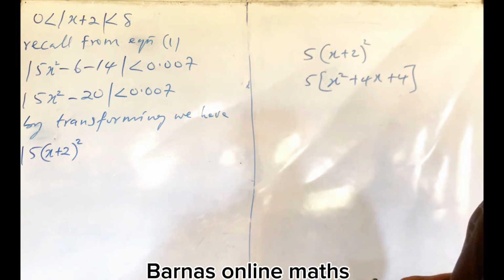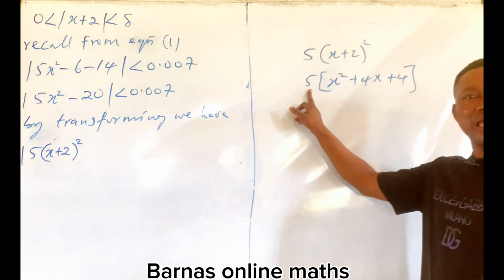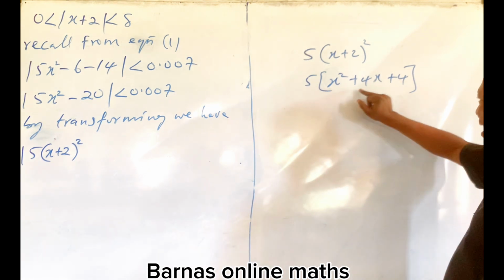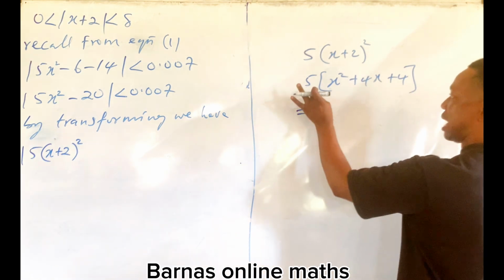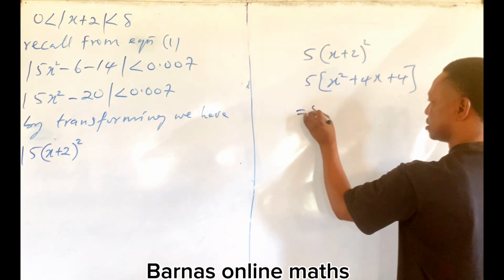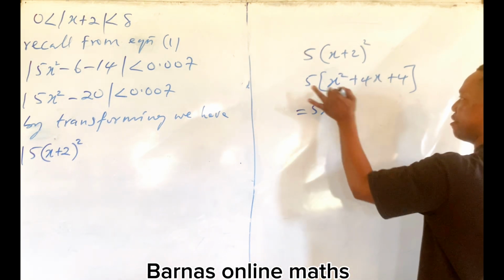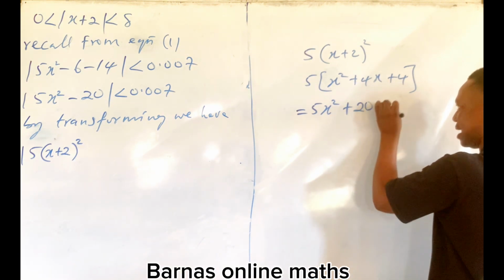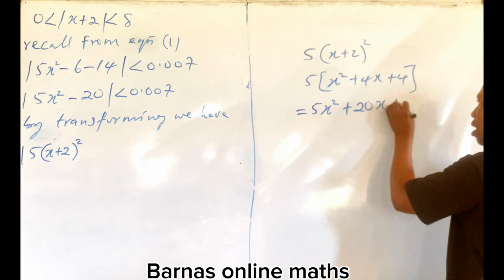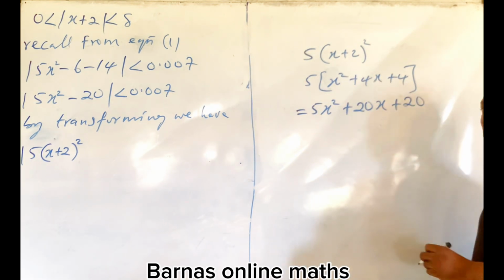So let's open the bracket. Remember, this 5 outside the bracket will multiply each of the terms inside the bracket. So 5 times x squared gives us 5x squared, then plus 5 times 4x gives us 20x, then plus 5 times 4 gives us 20.